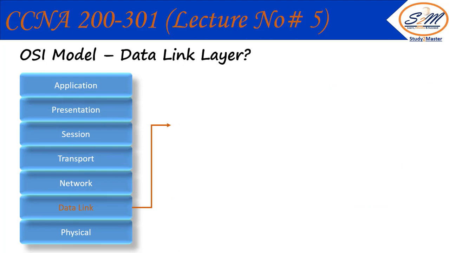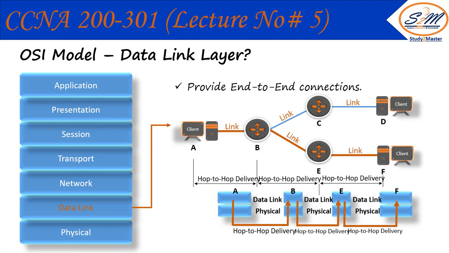OSI model, data link layer. What is the functionality of the data link layer? The data link layer provides end-to-end connections: router to switch, switch to switch, PC to switch, or router to router. In this diagram, I hope you gain enough information about what end-to-end connections mean.